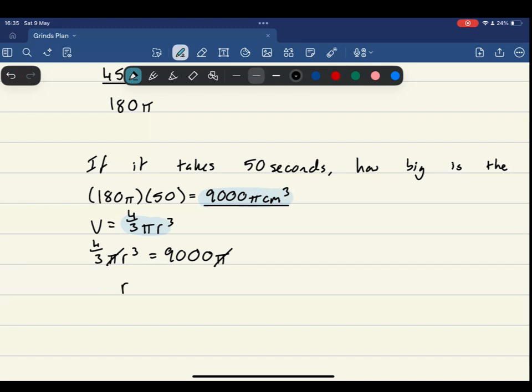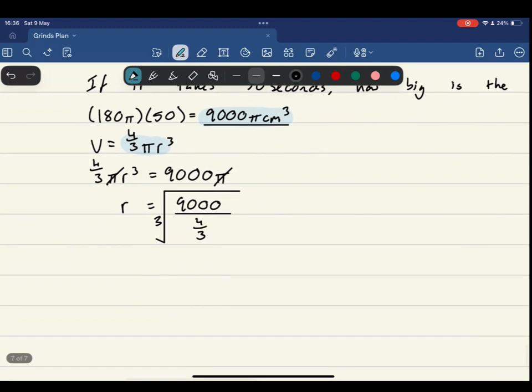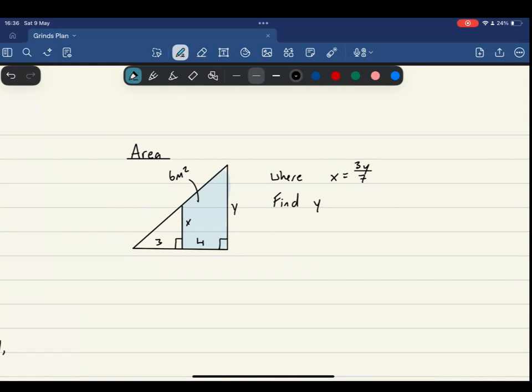Then we're going to divide by 4/3. To get rid of our cubed, we're going to do the cube root. So r is going to equal 18.899 centimeters.